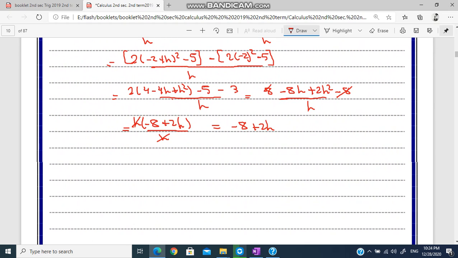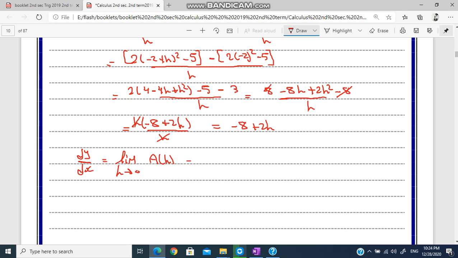The rate of change dy by dx equals the limit as h approaches 0 of the average rate of change function. So it will be the limit as h approaches 0 of -8 plus 2h. By substitution of h equals 0, it will be -8 plus 2 times 0 equals -8.